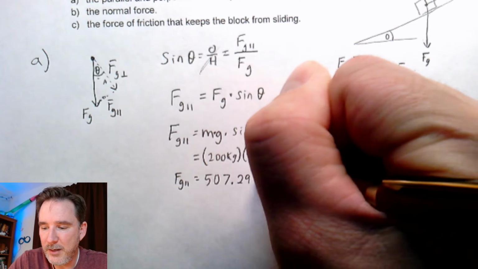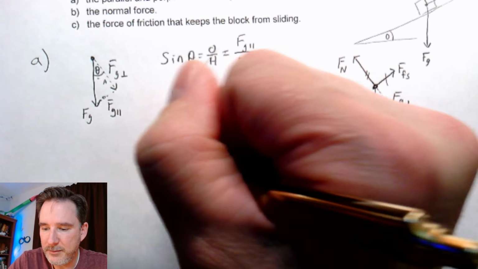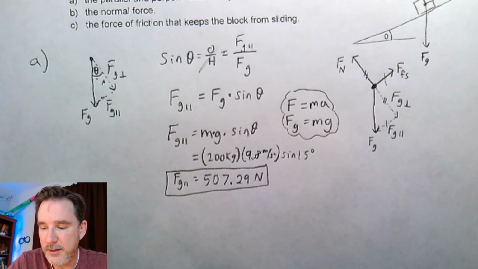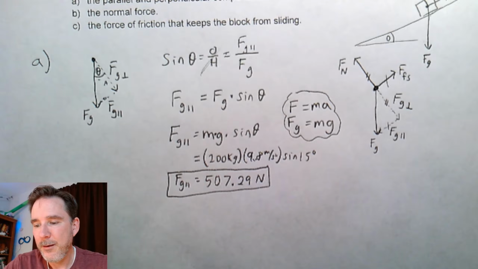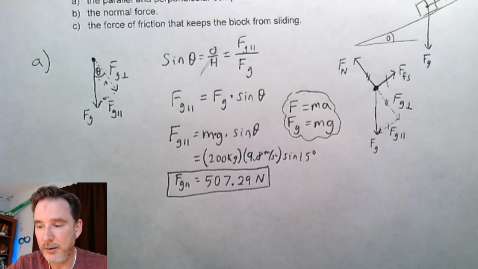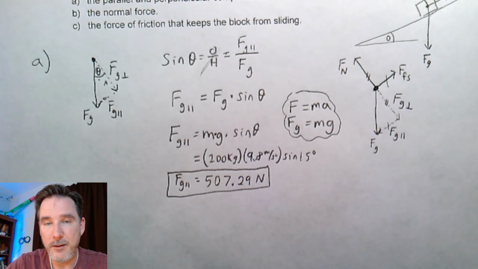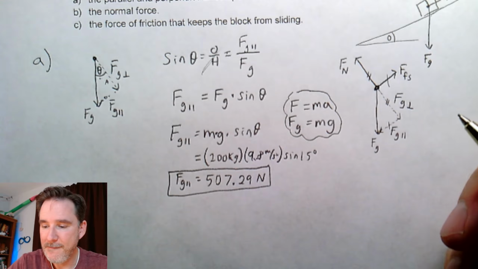We'll stick to that for now. We're not talking significant figures right now, and that's fine. So we just found our Fg parallel, the force of gravity parallel to the ramp. That's how much force the block is being pulled down the ramp.